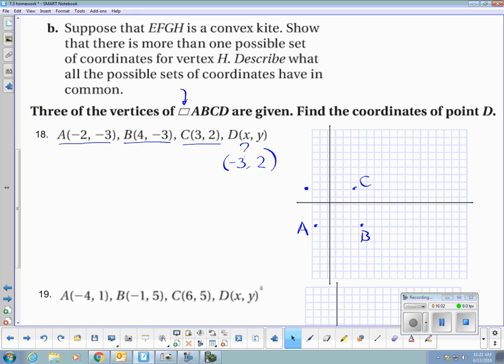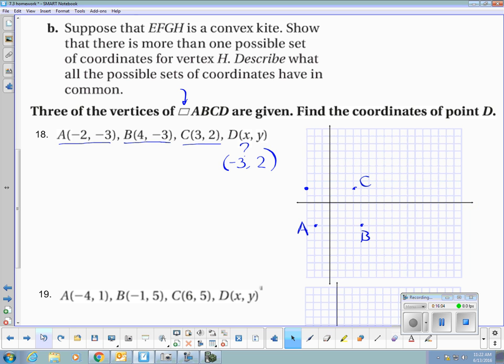I can actually take this point. Let's just see if I can grab the point. And I can move that point somewhere down here to make another parallelogram. And to help me with that, I'm going to count from A to B. And that's 1, 2, 3, 4, 5, 6 units. And so I'm going to do the same thing here: 1, 2, 3, 4, 5, 6.